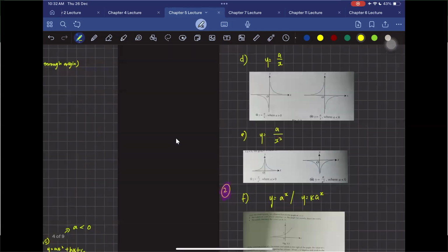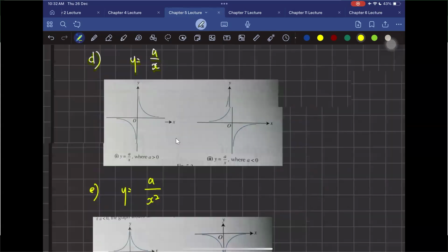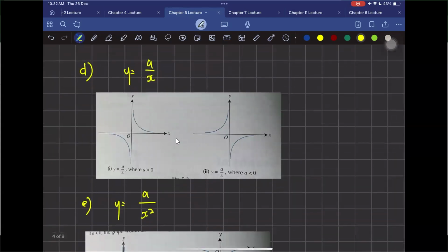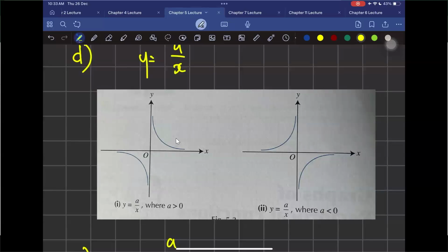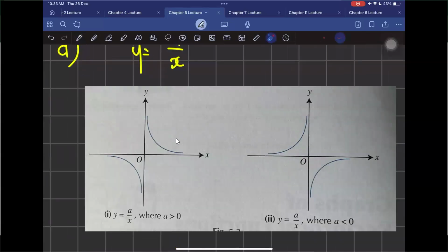Okay, so now let's go on to the fourth type of graph, which is your reciprocal graph. If a graph goes y equals a over x, again, just simply know how the shape of this graph goes. A point to note is that this graph would never intersect your y-axis.